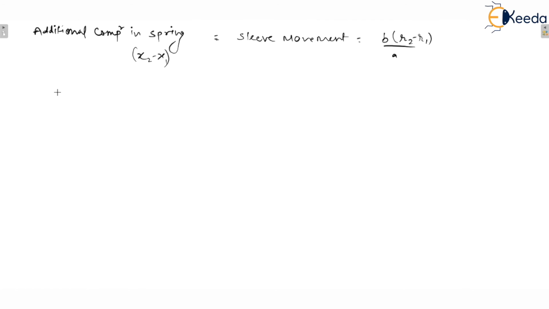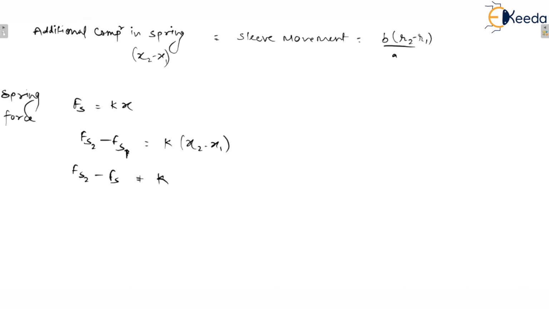When you see the spring force, Fs is equal to K into x. We all know that. So we can write Fs2 minus Fs1 is equal to the spring constant, which is the same because the spring is the same, into x2 minus x1. So Fs2 minus Fs1 would be equal to K into b (r2 minus r1) upon a.